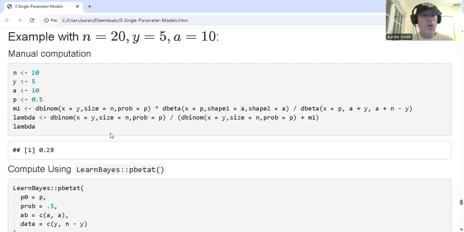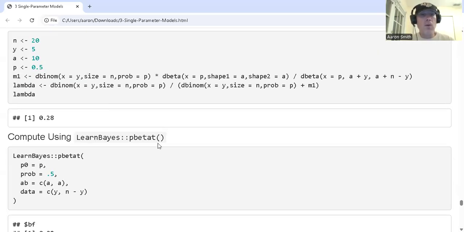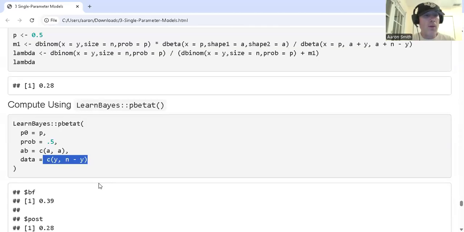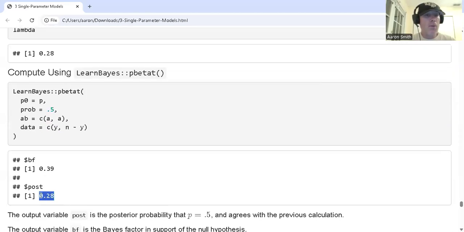Okay, so let's go ahead and compute this using the pbetat function. So I'm going to provide the null hypothesis p. Here is the weighted probability, the two values for the beta distribution. Here's my actual data, and you'll notice that my posterior gives me 0.28.